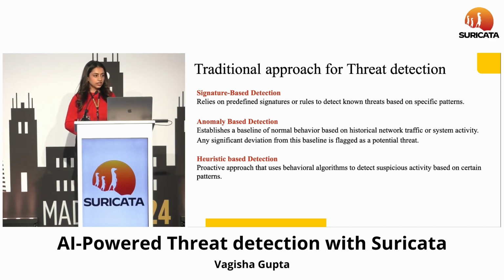In this case, there can be many false positive alerts triggered in case your network changes or gets scaled at a high level. The third is heuristic-based detection. It uses a proactive approach that uses behavioral algorithms to detect suspicious activity based on certain patterns. It can get a little difficult to detect complex threats based on heuristic detection.